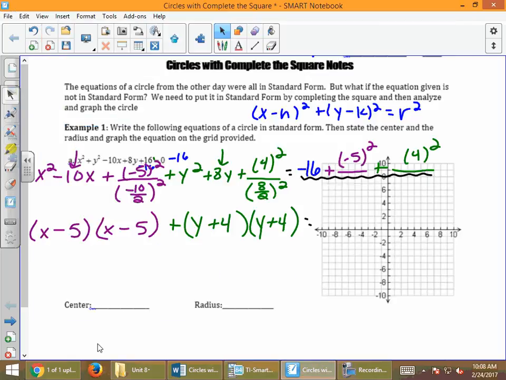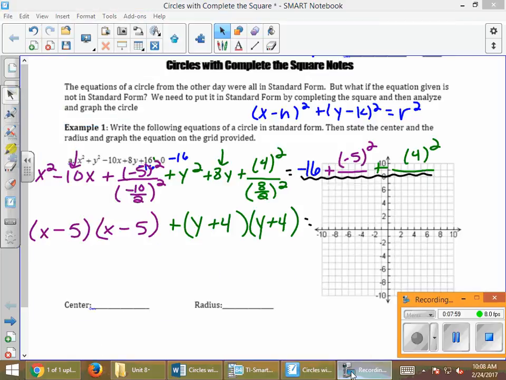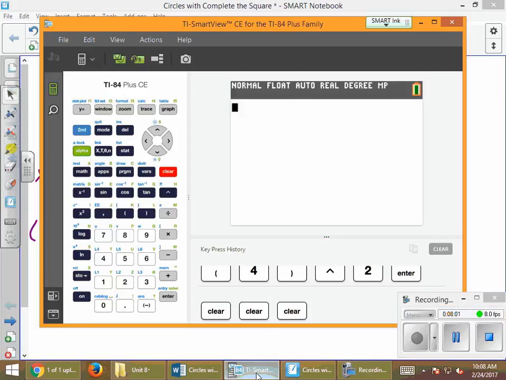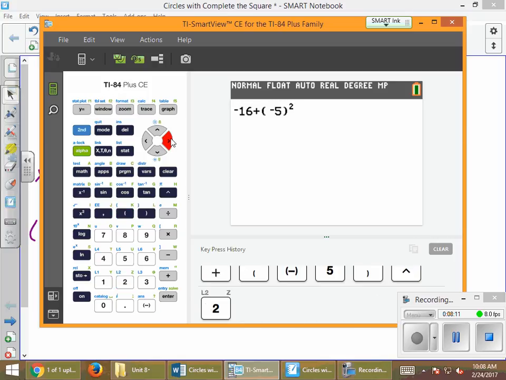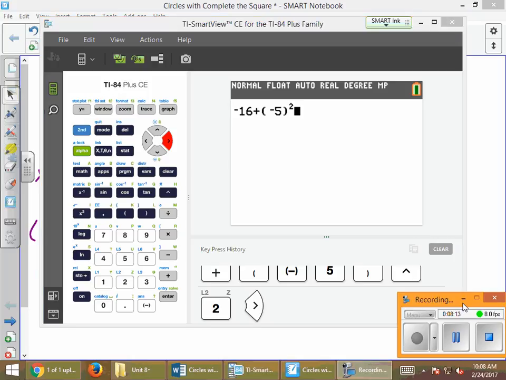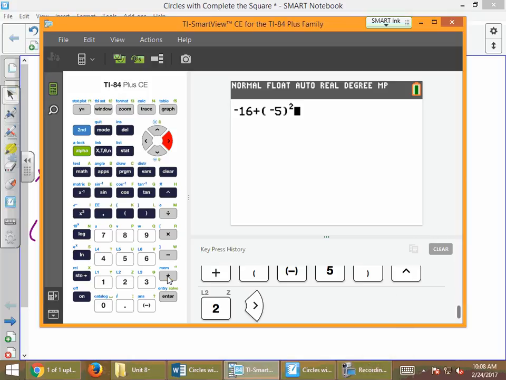You're going to plug negative 16 plus parentheses, super important with the parentheses, especially with negatives, negative 5 squared plus, what was it, 4 squared? Plus 4 squared. Exactly how it's written in your calculator.